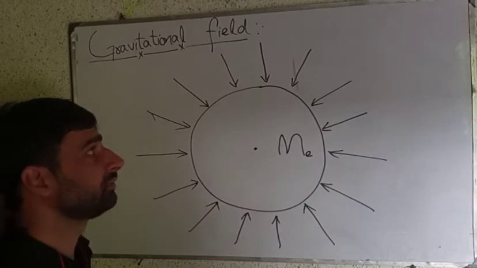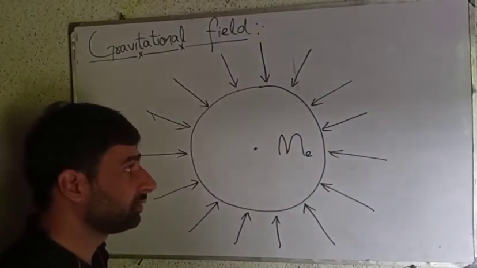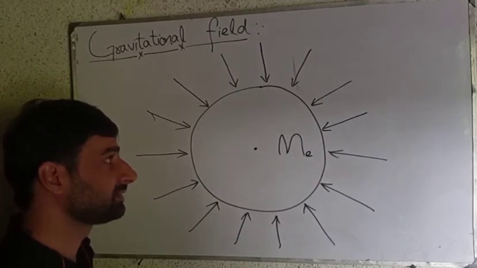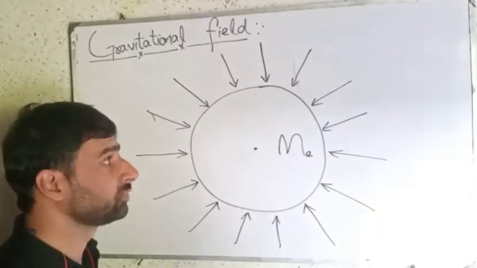This is the direction of the force of Earth on objects which are around Earth, and Earth pulls them in its own direction. But remember that this force of Earth is up to a specific limit.